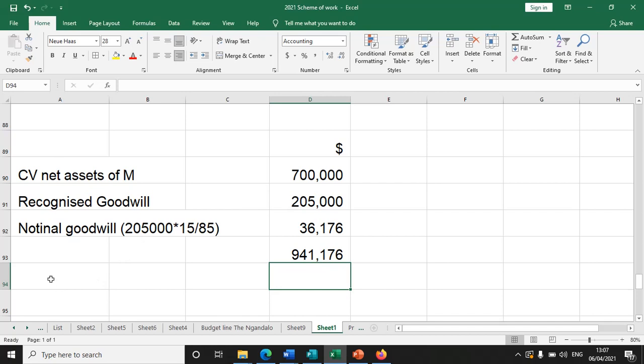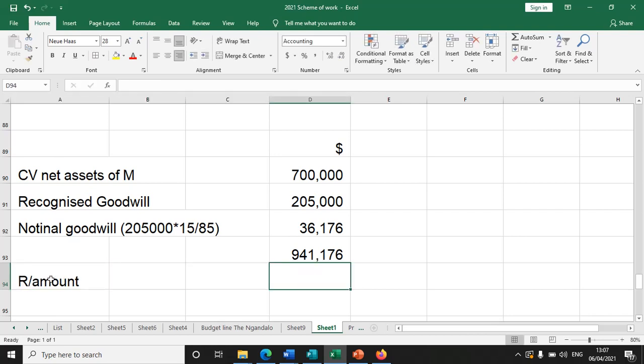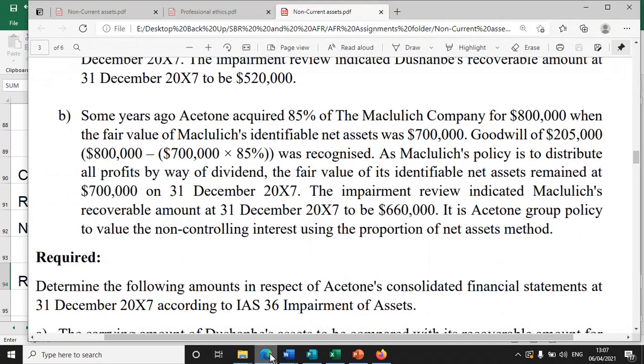Now, our recoverable amount is below, so it means that we've got an impairment loss. An impairment loss of how much? If you check your question, you will see that we have a recoverable amount of 660.